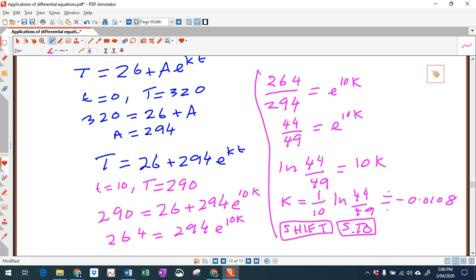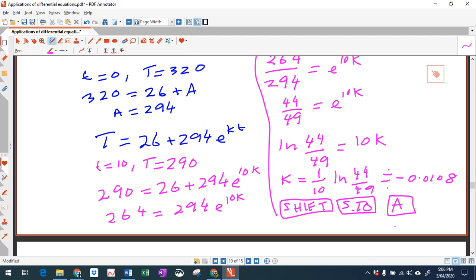The STO feature is just above the RCL key, and then you press A, and A is just above the minus key, the minus key in brackets. Okay, now that will put 1/10 log 44 on 49, the exact value, into the memory location A, which we'll use a bit later.